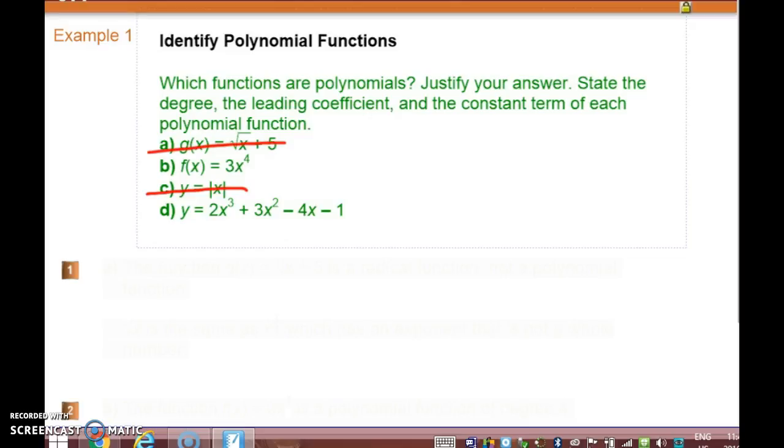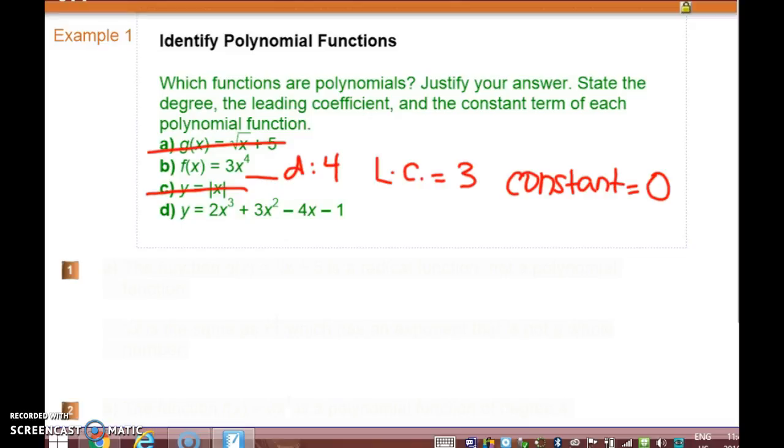Okay, so if we wanted to know the degree and the leading coefficient and the constant term, this one has a degree of 4, a leading coefficient of 3, and a constant. Does it have one? No. Constant of 0 we don't put none because it still has it, it's just 0.